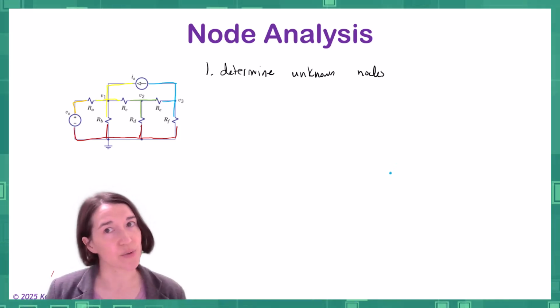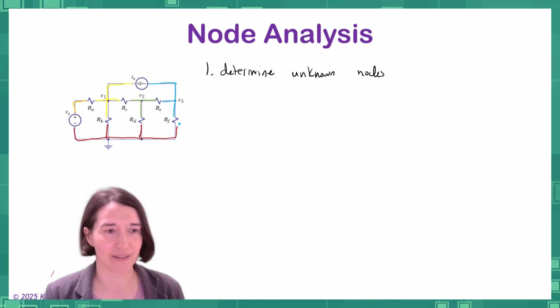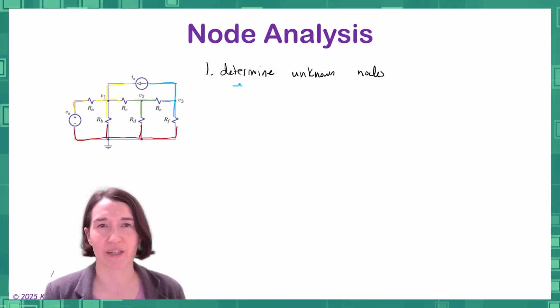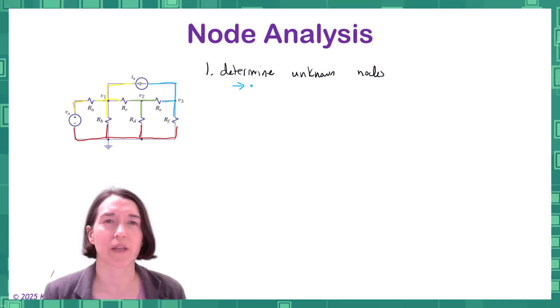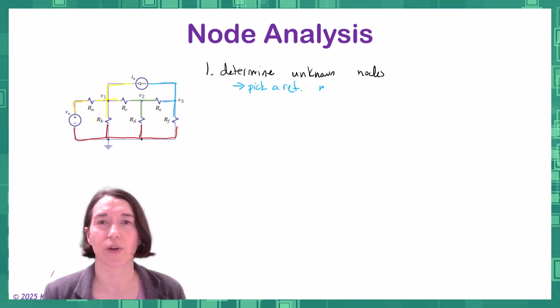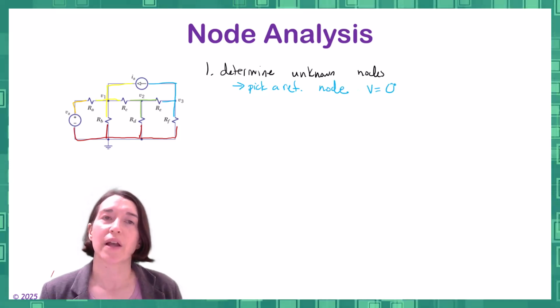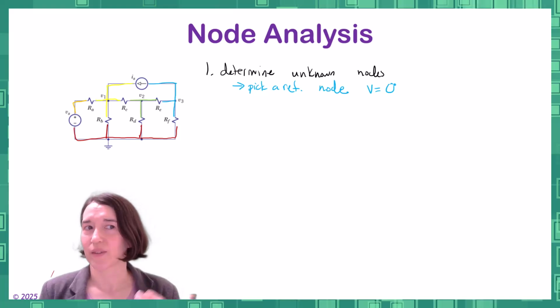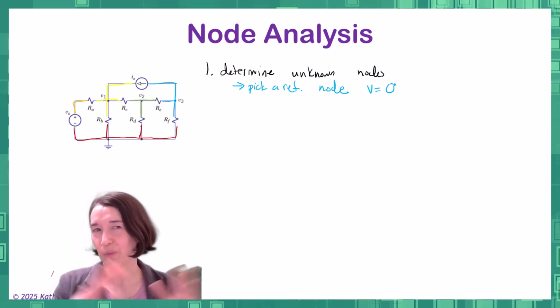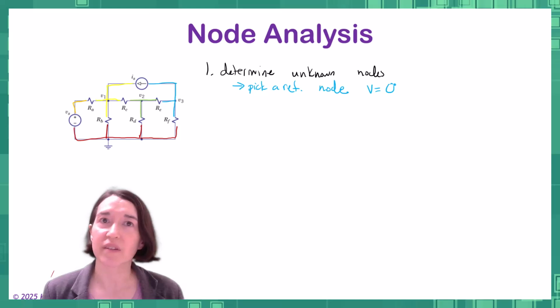But I'm going to put this kind of as an aside here. I'm just going to write in any color. It's going to be colorful. We have to pick a reference node, which is v equals 0. Usually one that's kind of, when we draw it, often at the bottom, but it doesn't have to be.